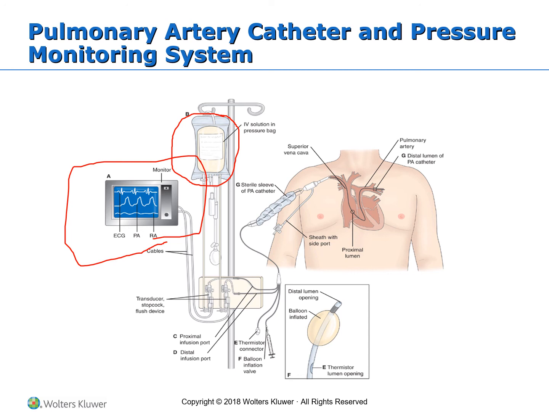And then you have your flush stopcock device access here. And then here it goes right into the superior vena cava, is where this one's at. Everything needs to be sterile, and it remains as a closed system.